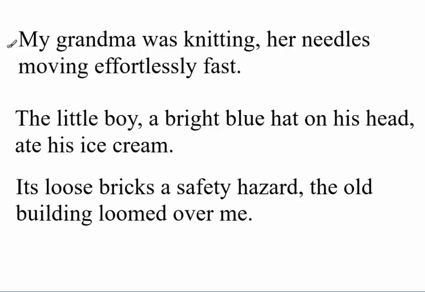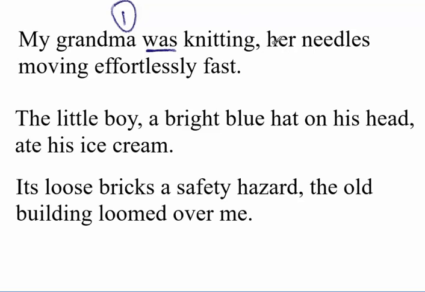So what did we get? In the first one, we have our level one, my grandma was knitting. This is a sentence where it has the to be verb in it. So was, in this case, makes it a complete sentence. Our level one is my grandma was knitting. Makes sense by itself, has a verb, has a subject, good.